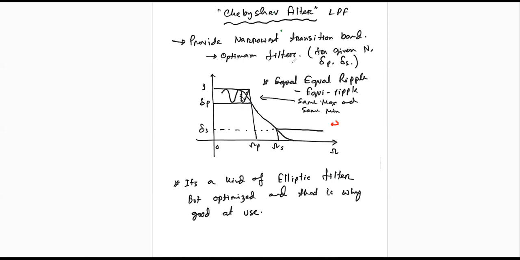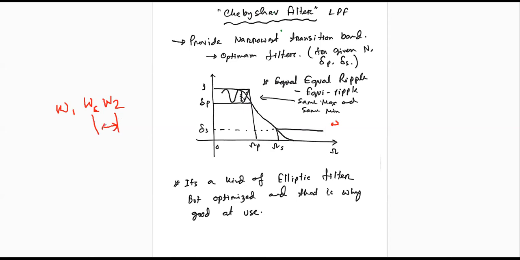Why is this optimal? For a particular value of omega c and some transition band, if I fix the transition band, how can we fix it? Because we know omega 1 and omega 2, from there we can find omega c. The transition band, let's say from omega c to omega 1, we can fix what it should be.